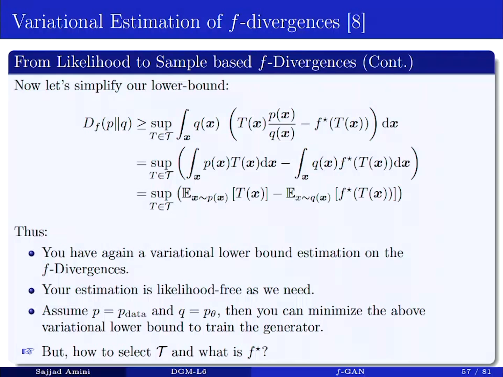In the ELBO, for example, if this is the likelihood and this was your lower bound, you want to maximize it. Maximizing the lower bound is very meaningful because your function cannot be lower than your lower bound. So when you maximize it, it means that the likelihood is also maximized. But here you have minimization. When you minimize the lower bound, it is not meaningful. What do you think?